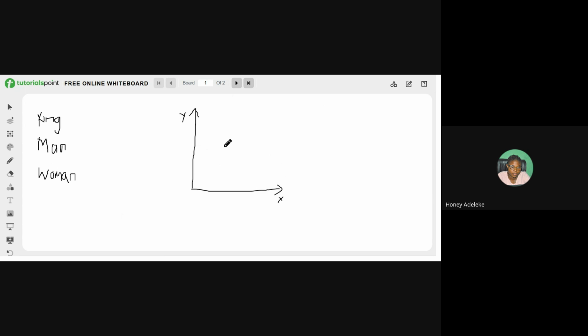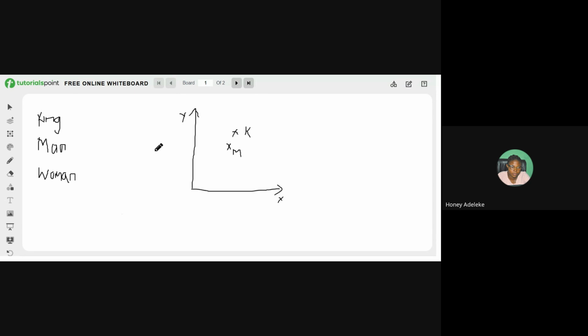It is expected that if you have king here, your man can be somewhere around this king. And maybe your woman will be opposite of where the man is, and it still won't be close to the king.